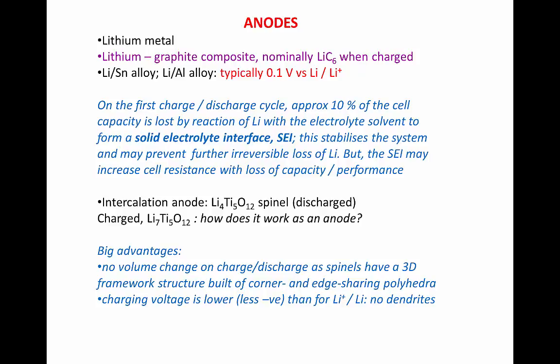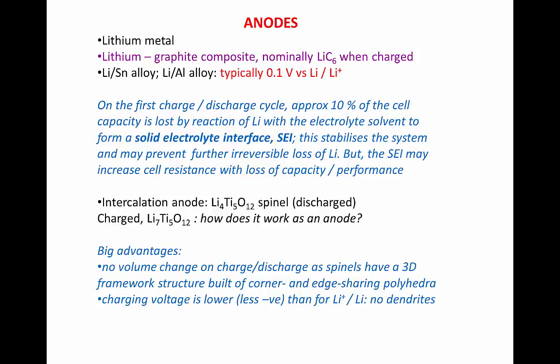Another anode which is of considerable interest is this oxide Li4Ti5O12, which has a spinel structure, because it's possible to intercalate 3 lithiums into this spinel, taking the formula up to Li7Ti5O12.